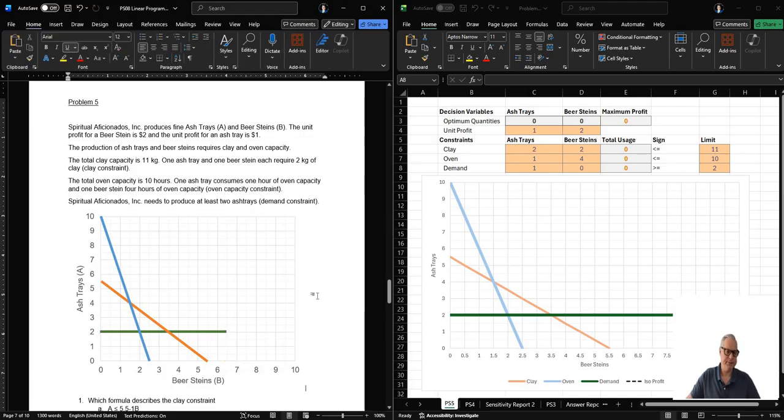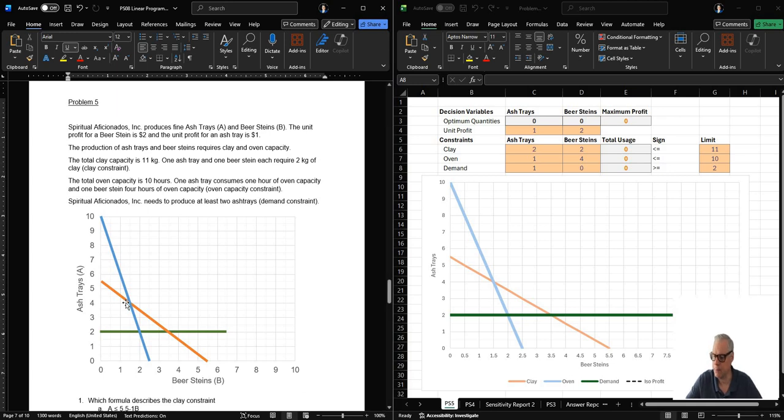Okay, so that's it. So the area of feasible production is now everything above the green and below the orange and to the left of the blue. So now we still need to add the ISO profit line.